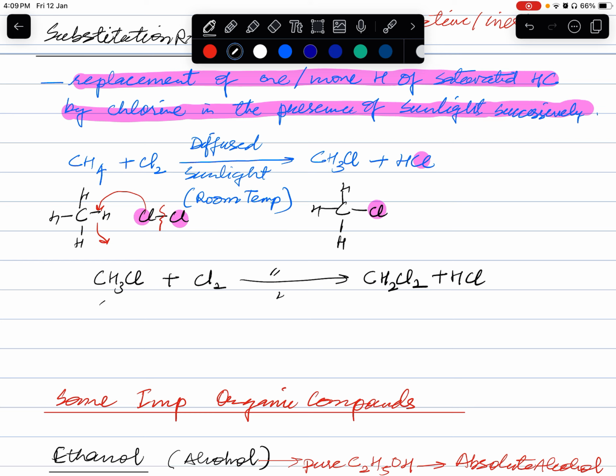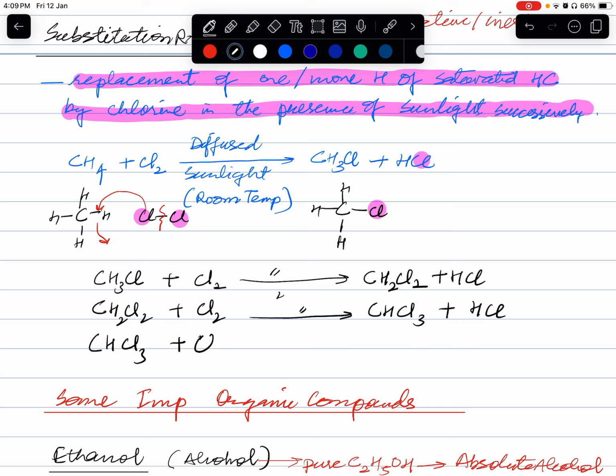Further, CH2Cl2 will combine with one more chlorine under the same condition, and we will be getting CHCl3 plus HCl. The last step is when only one hydrogen is left: CHCl3 will combine with one more chlorine molecule, and we will be getting CCl4 plus HCl.